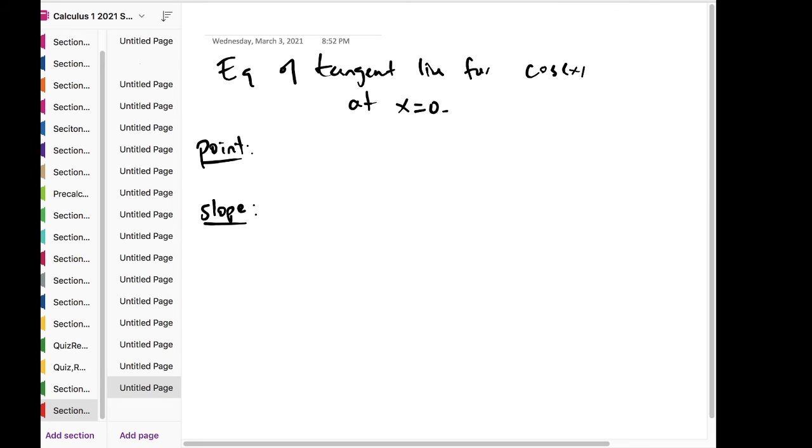Okay, what's the point that we can use? Yep, 0, 1. 0 comma cosine of 0.